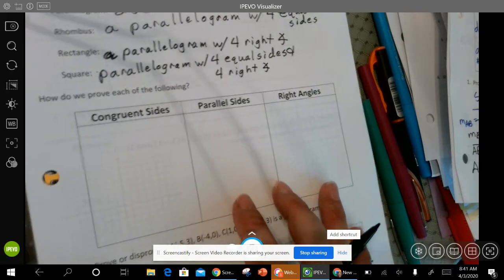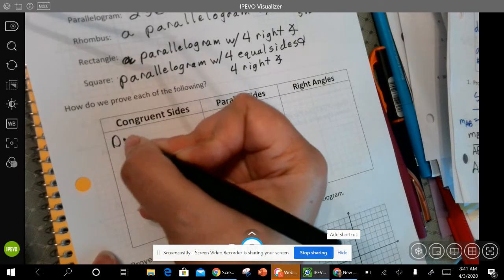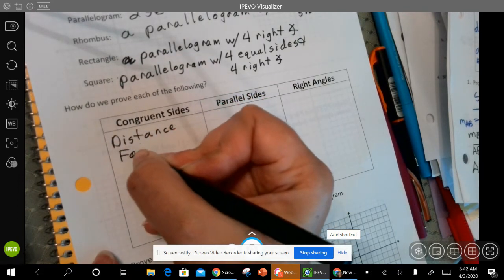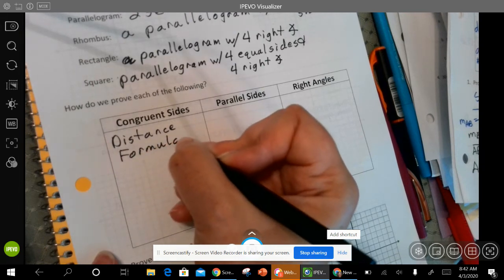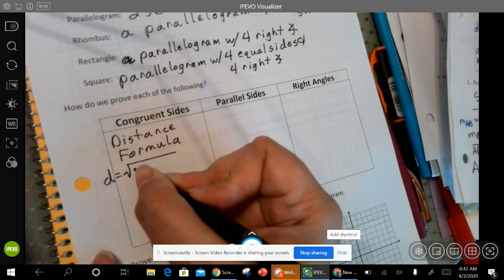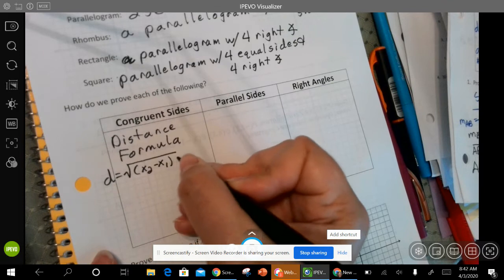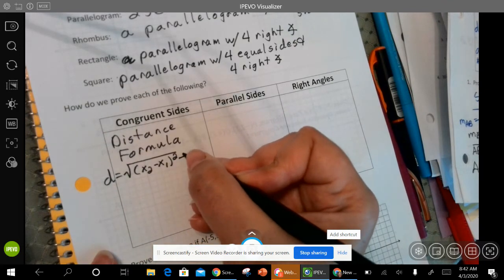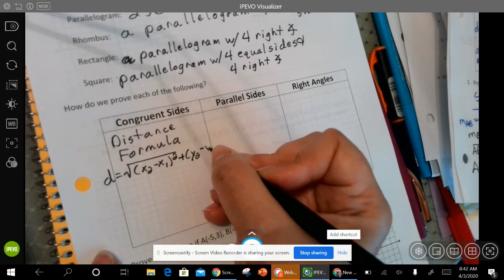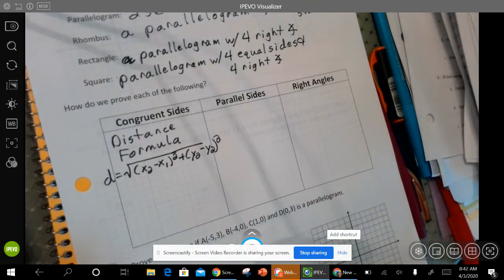Okay, so how do we do the following? So congruent sides. Okay, so we're going to use the distance formula. So that would be our reason as well. So distance formula. So remember, distance is equal to the square root of the change in x plus the change in y squared.